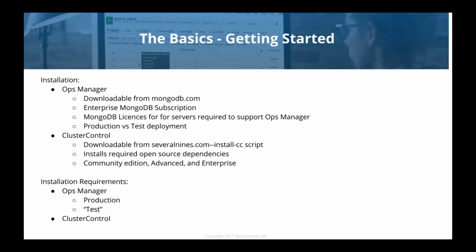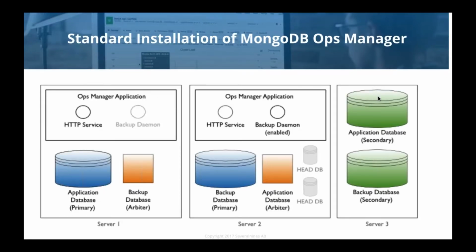The reason for this, and it'll become obvious in the next few slides, is that Ops Manager requires 2 replica sets on which it will sit for full functionality. So that's, in theory, if you're going for full redundancy, as recommended by MongoDB, 6 licenses for MongoDB servers just to support Ops Manager itself.